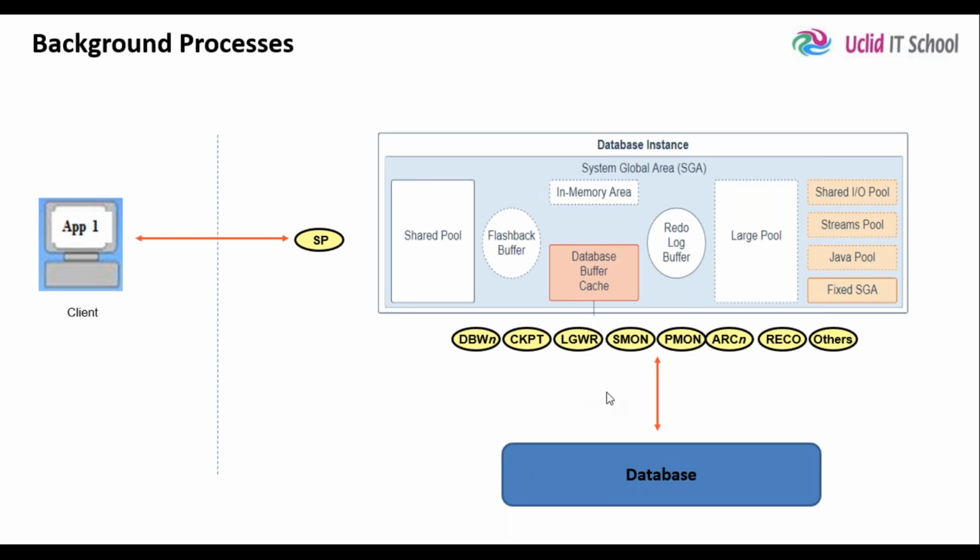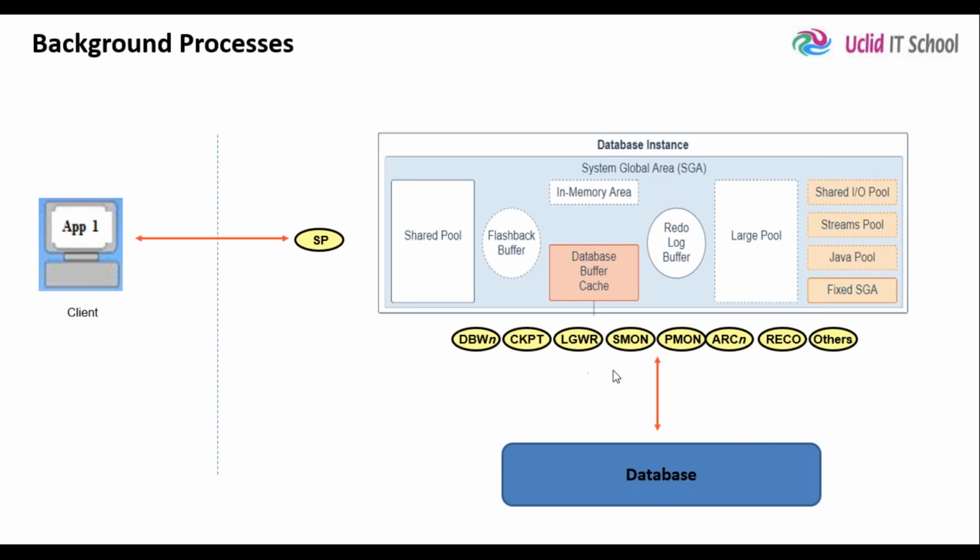Now you can see the background processes which run in the background in your instance, right? So this DBWR, CKPT, LGWR, SMON, PMON, Archiver, Recoverer, and others. These are the background processes that we are going to discuss now, some of them.